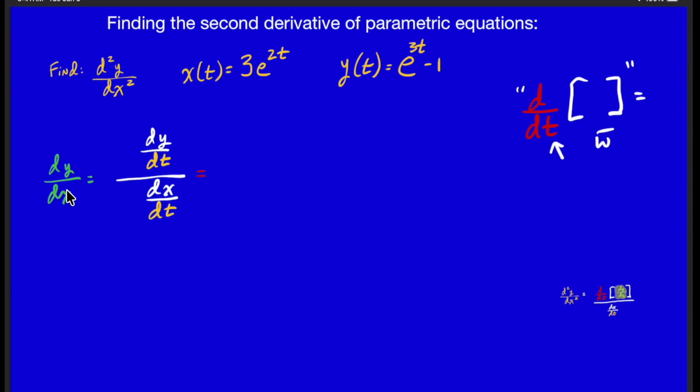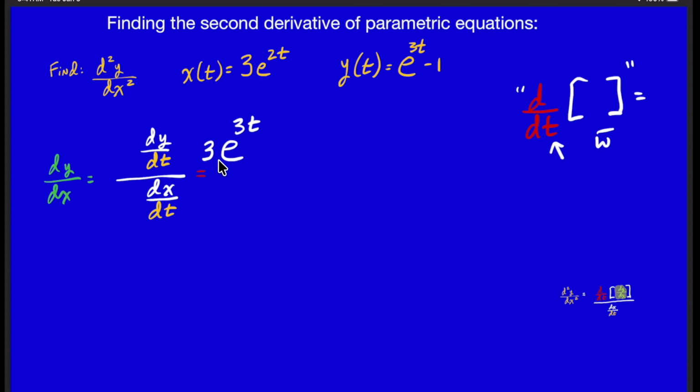We're going to take dy/dx. Again, to do that, we're going to do dy/dt over dx/dt. So for dy/dt, we're just going to rewrite e to the 3t, and then we're going to apply the chain rule to the exponent. The derivative of 3t with respect to t is going to be 3, and then we're going to take the natural log of the base, which is e, therefore it's just 1.